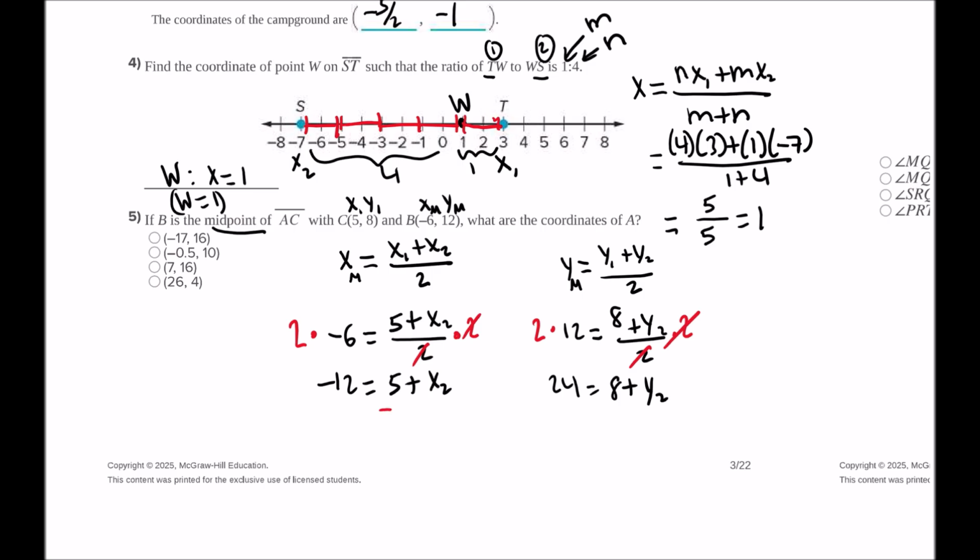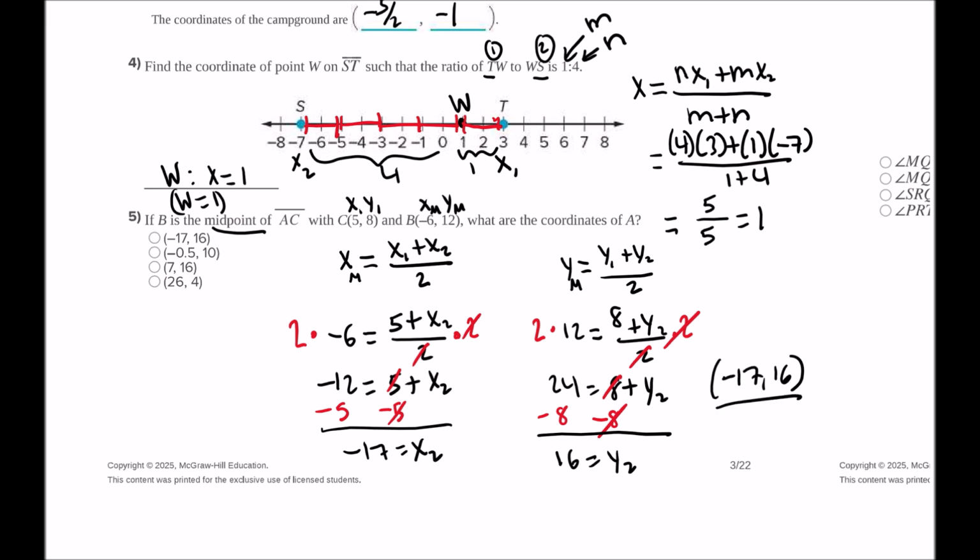Now we're going to subtract 5 on both sides to get rid of that, and subtract 8 on both sides here. So we get negative 17 is equal to x2, and 16 is equal to y2. And so the coordinates have to be negative 17 and 16, and the answer is the first one right here.